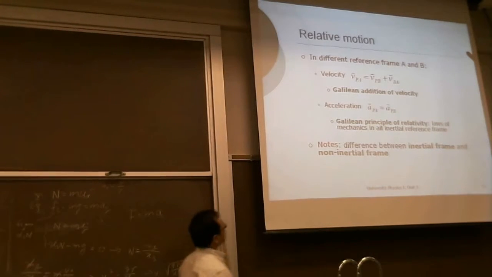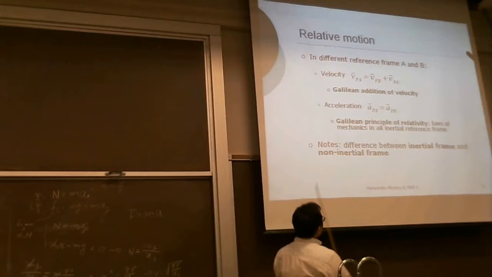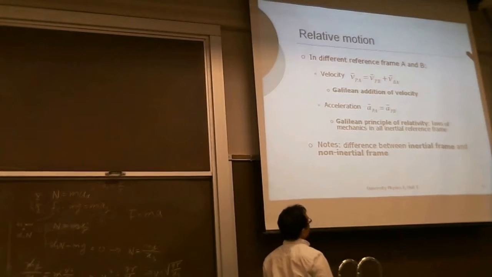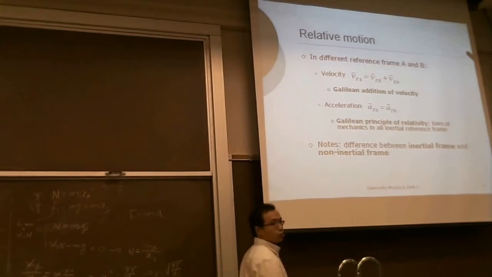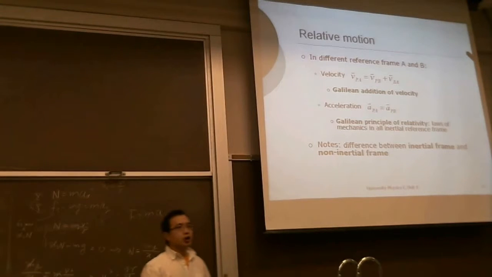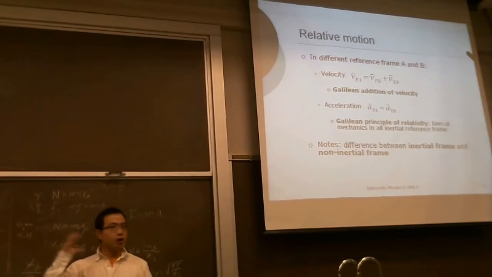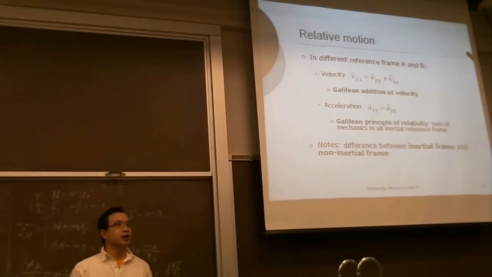But please note that, precisely speaking, we are talking about inertial frames, not non-inertial frames. An inertial frame is a frame moving with a constant velocity. If the frame is accelerating, then it's called a non-inertial frame. These things don't hold for non-inertial frames. But of course, why should we choose a non-inertial frame?